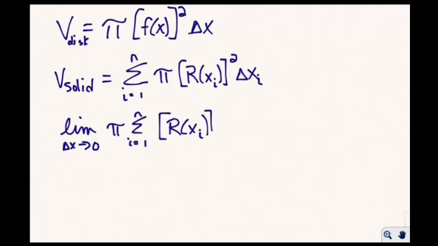Well, we know from the definition of an integral that this can also be written as pi, because pi is a constant, we can pull it outside of the integral, of the integral from a to b of r of x squared dx, because dx is our delta x.